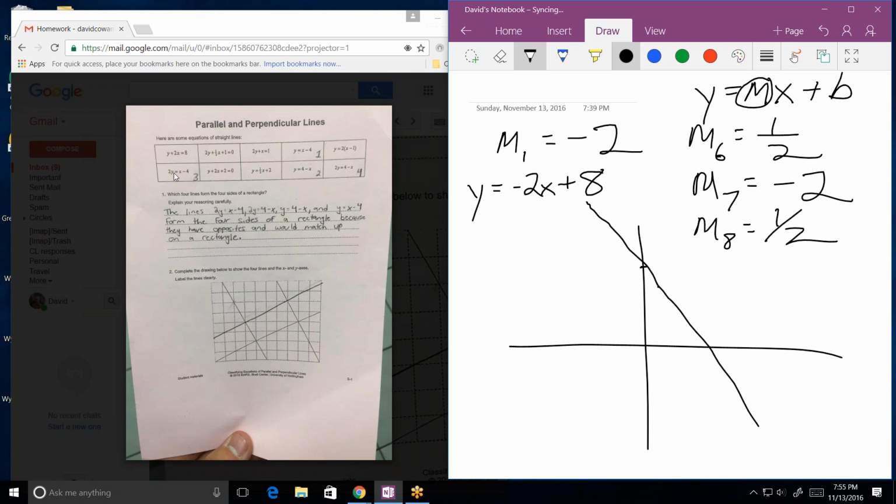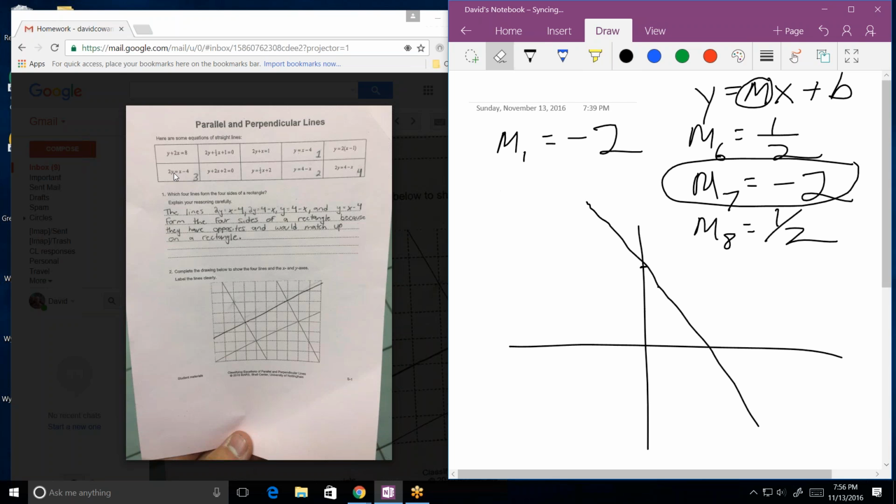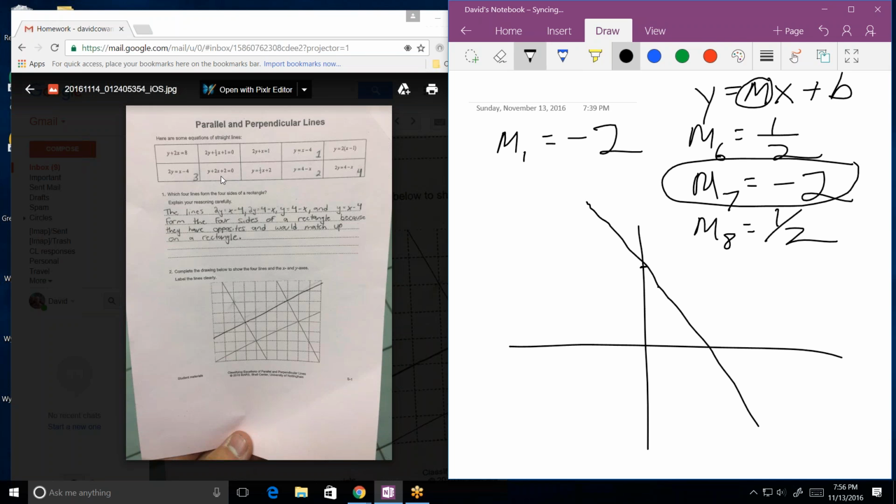Okay? Now let's find the line that's parallel. That's equation 7. And let's graph that. Well, let's rewrite equation 7. That's this one over here. So tell me, after I manipulate it and put it into y equals mx plus b format, what do you have? Y equals negative 2x minus 2.